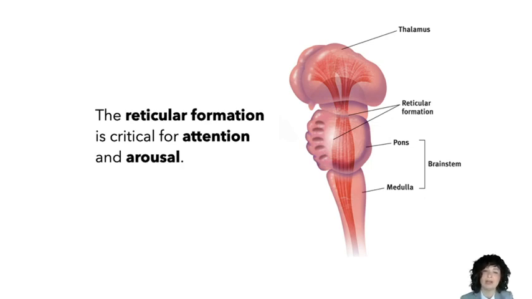Swelling might cause a lasting loss of consciousness, which is a coma, because the reticular activating system is necessary for maintaining consciousness. If you're feeling a little dopey or a little sleepy or a little inattentive, that's definitely being controlled by the reticular activating system, or at least the reticular activating system is playing a part in that.